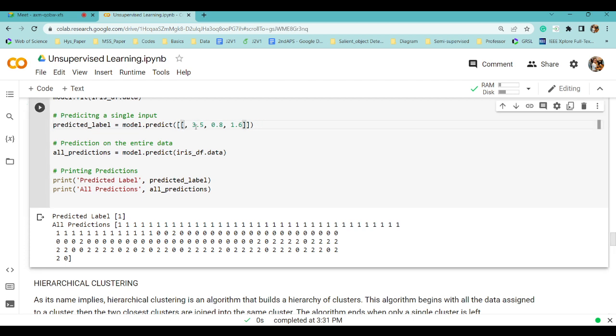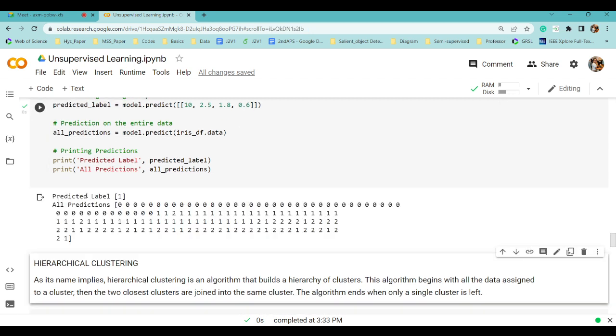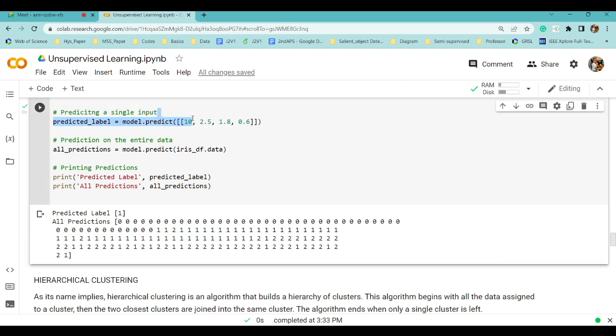If you want, let's take 10, let's take 2.5, anything, or 1.8 and 0.6. Let's do it. See, again it's predicted label 1. Then let's take it 3.